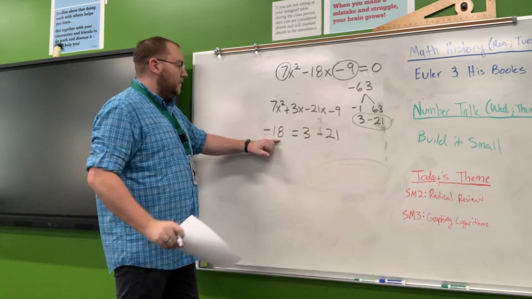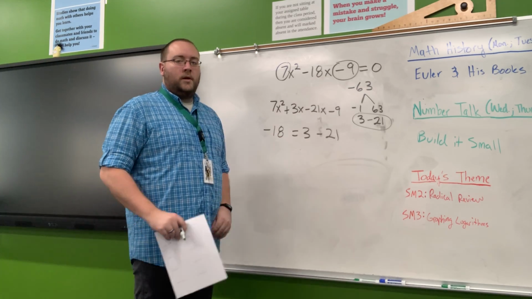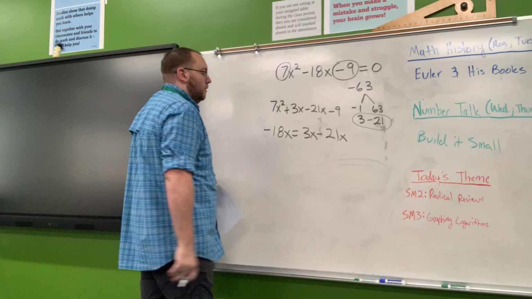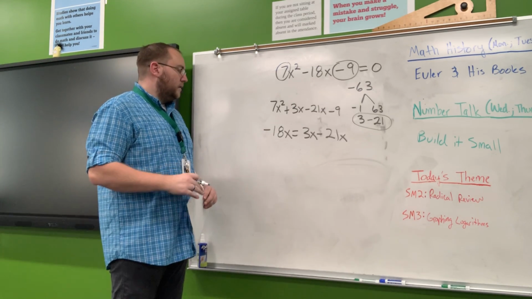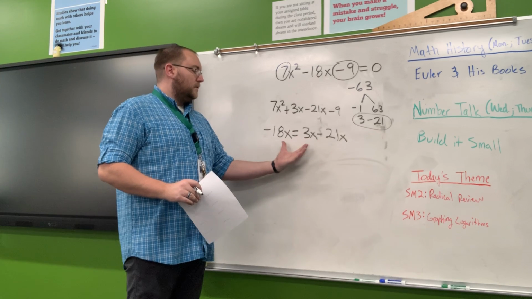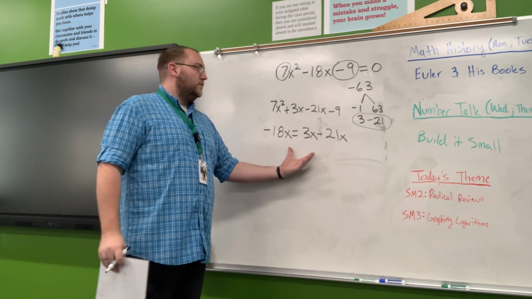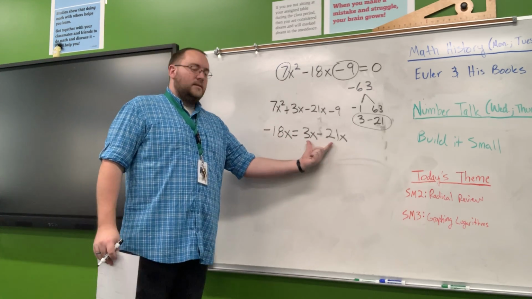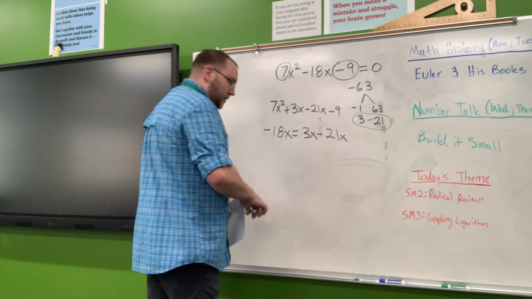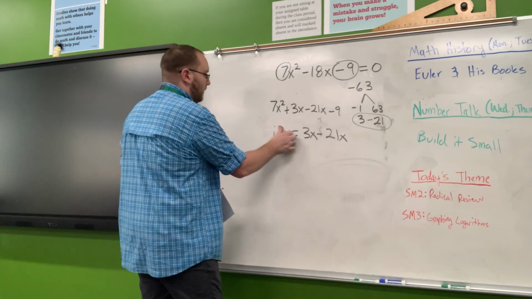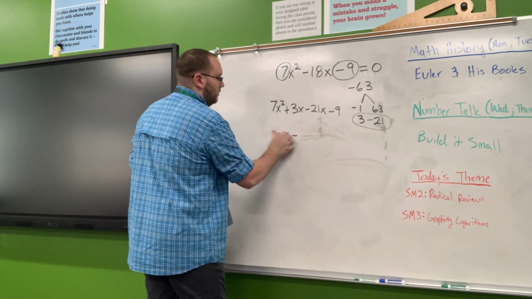You all agree that negative 18 is equal to 3 minus 21. Well, do you still agree? Yeah, you should all still agree because all we did was multiply everything by x. Whatever we've done to one side, we did to the other. So this should still be a true statement. So all we're doing is we're taking negative 18x and we're rewriting it as this, right? And that was done in the last video. So I'm gonna erase this.